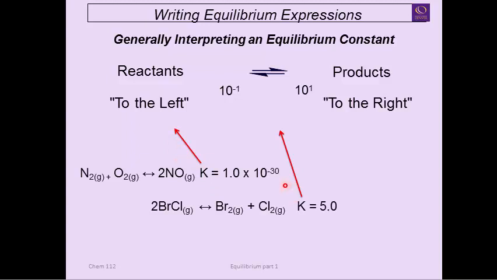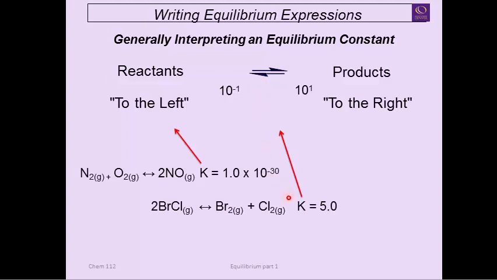If you see a K that's somewhere in that regime from 1 to 10, okay, that's actually kind of in the middle. You're going to get half reactants, half products. It goes halfway. So, for example, this bromine monochloride will actually decompose into bromine gas and chlorine gas. And the K for that is 50-50.